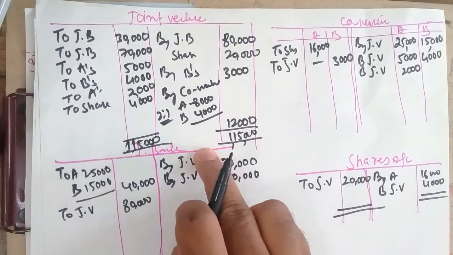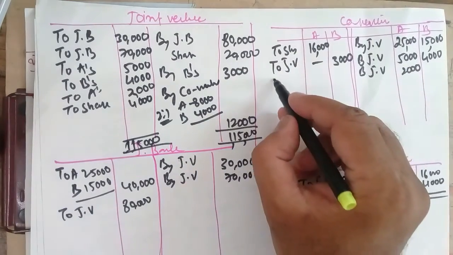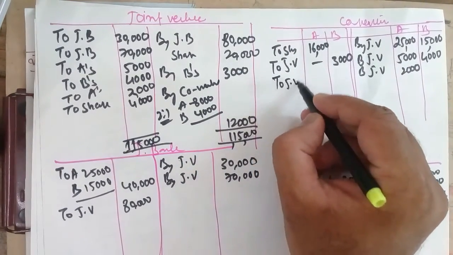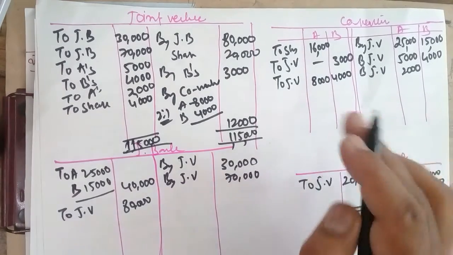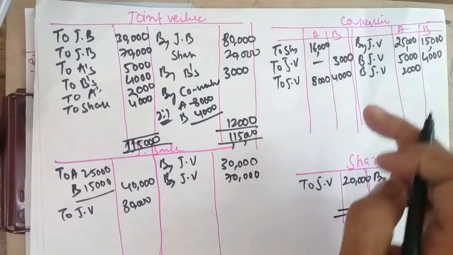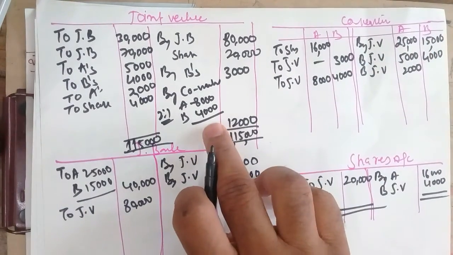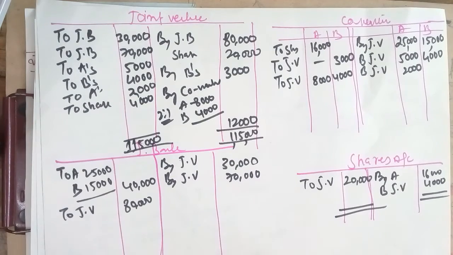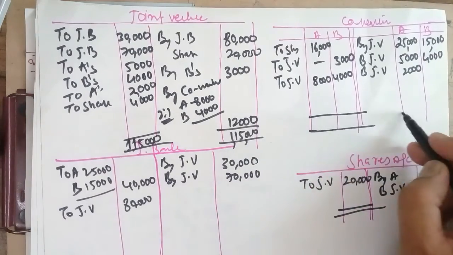This 8,000 and 4,000 should be debited in co-venturers personal accounts to joint venture. Am I able to make you clear? The entry would be A's account debit, B's account debit to joint venture. This is a loss entry. Clear? Once this entry is done, next we need to close the co-venturers personal accounts.